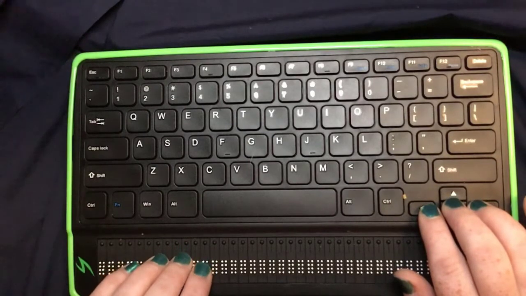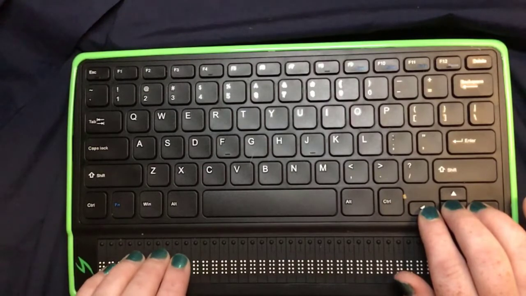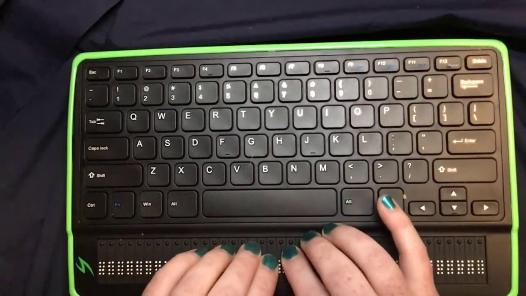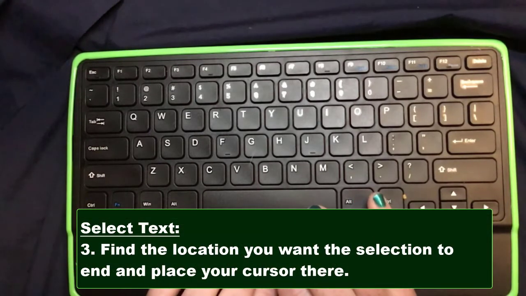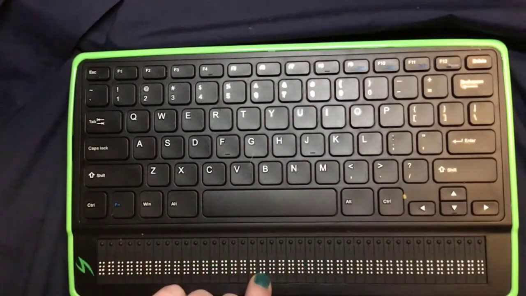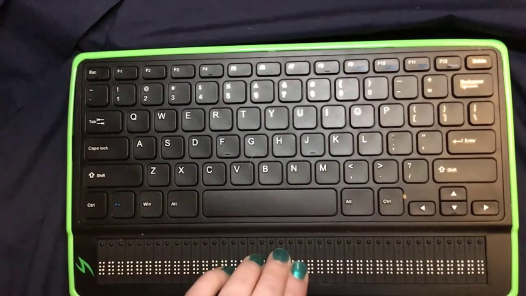So what I'm going to do now is go to where we want the end of that selection to be. I'm going to put it at the end of the word allegiance, but you can put it anywhere you want, really. So, oops, end of the word allegiance, not in the space. I can tell that it's there, and the cursor is blinking to give me a better cue on where that ending selection is.